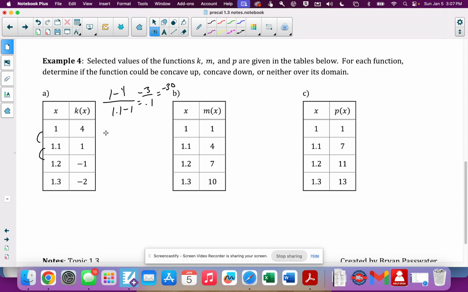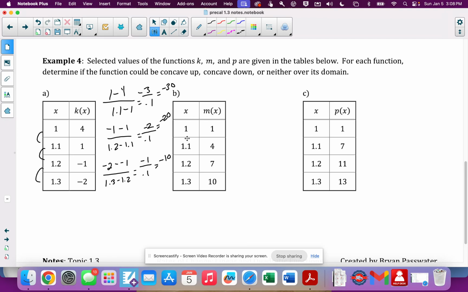Next two, let's see, negative 1 minus 1 over 1.2 minus 1.1 is negative 2 over 0.1. Ignore the noise. My cat is an idiot. Is negative 20. And then the next one is negative 2 minus negative 1 over 1.3 minus 1.2. So that's negative 1 over 0.1, so that's negative 10.